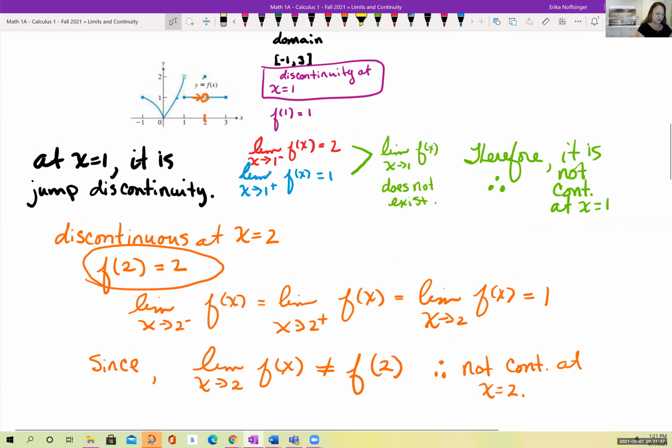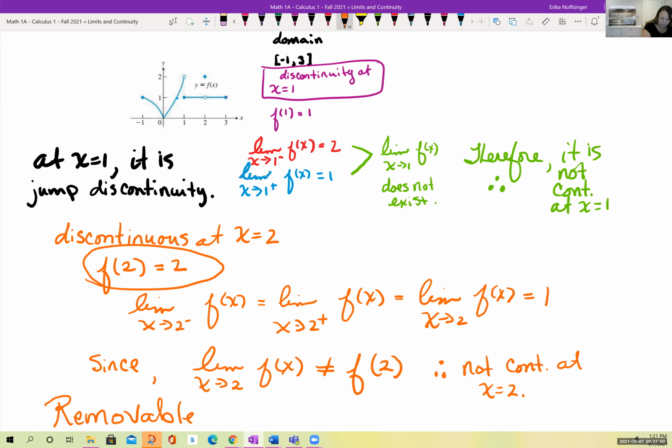But notice that this one's removable at x equals 2.